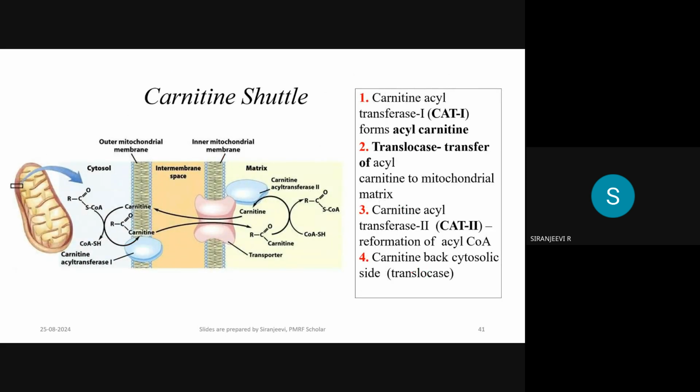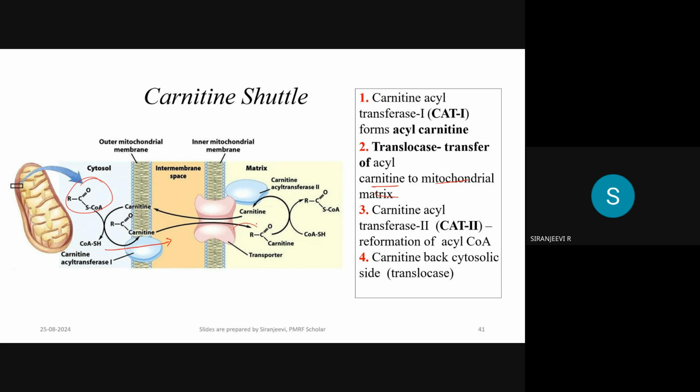So this is the overall carnitine shuttle system. It has four different processes. First, once the acyl CoA is activated in the cytosol, carnitine acyl transferase 1 transfers the acyl group to the intermembrane space of the mitochondria. From there, a translocase transfers the acyl carnitine to the mitochondrial matrix.